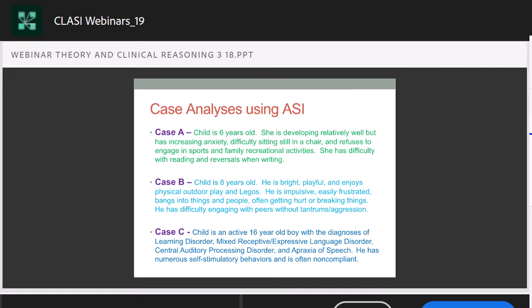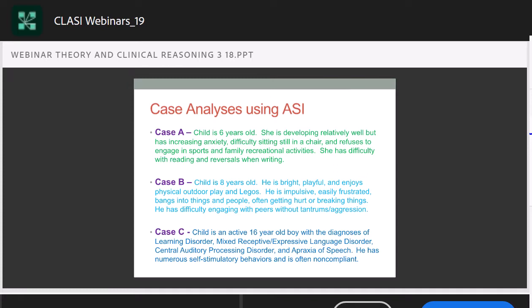Case A is a child who's 6 years old. She's developing relatively well, but she has increasing anxiety, difficulty sitting still in a chair, and refuses to engage in sports and family recreational activities. She has difficulty with reading and reversals when writing. So this is a child who's very bright, and people are confused about why she's not doing better in school.